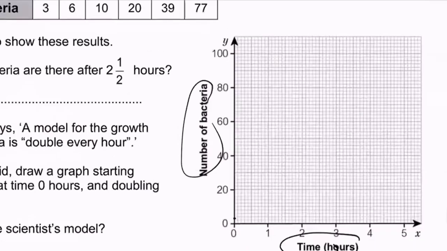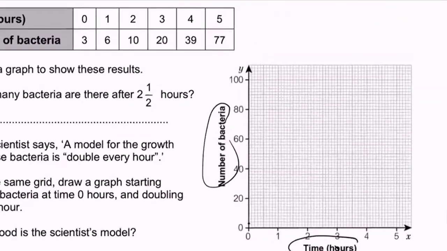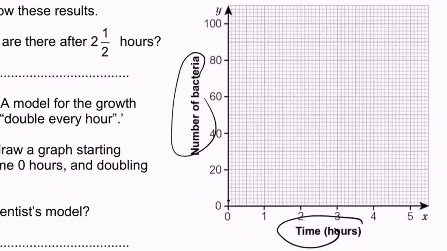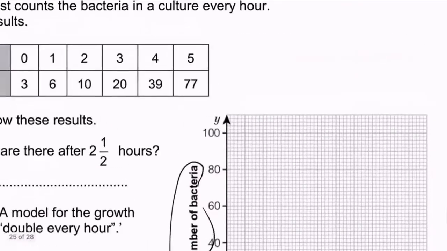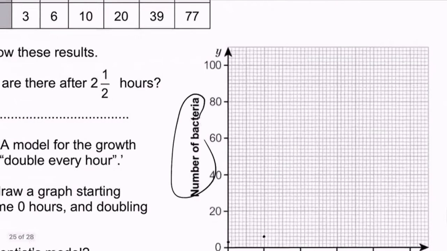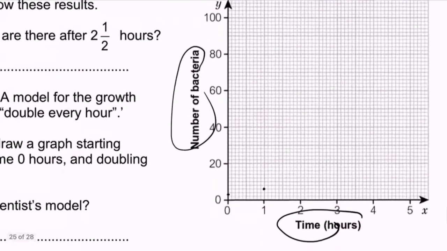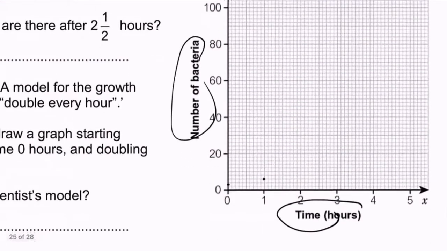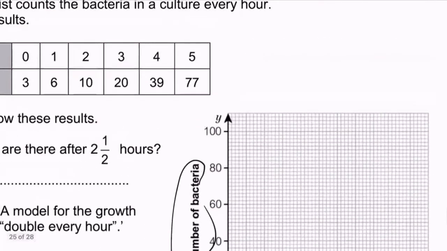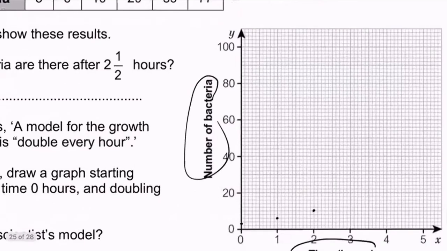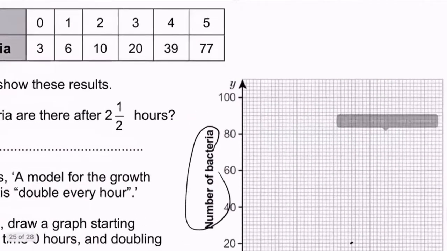Then 1 and 6, approximately here. Then 2 and 10. Then 3 and 20. Then 4 and 39.